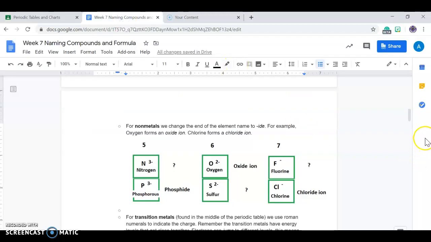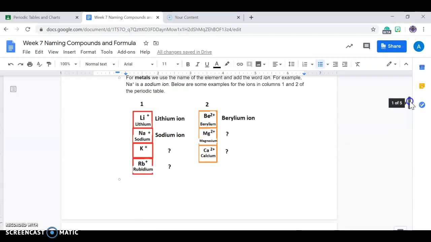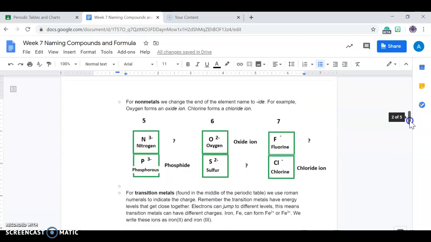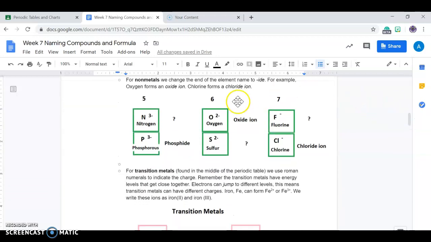All right. So naming ions is pretty straightforward, right? We take the element name, we add the word ion if they're a metal. Okay, so lithium becomes lithium ion, sodium becomes sodium ion, beryllium becomes beryllium ion. You also need to be able to understand the charge, and that's for when we do the chemical formula. Some nonmetal examples, right?